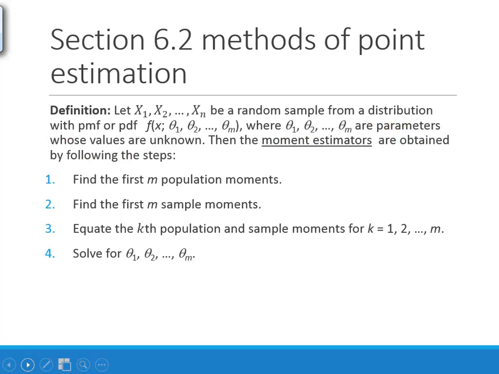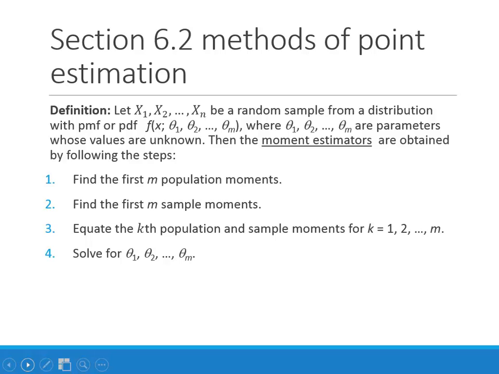Our general strategy: if I have lowercase m parameters to estimate, maybe for a gamma random variable that's alpha and beta, so two parameters, or for a normal, mu and sigma squared, I find the first m population moments, also find my first m sample moments, set them equal to each other, and solve for the parameters that I want.